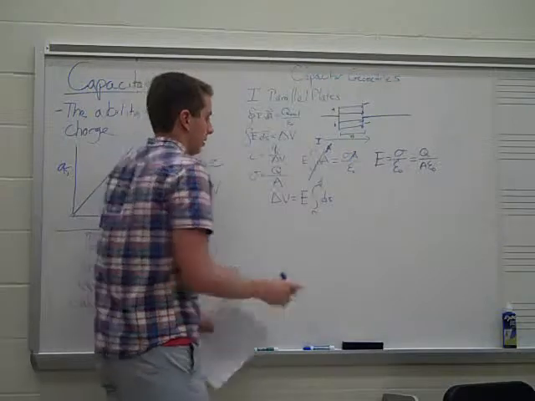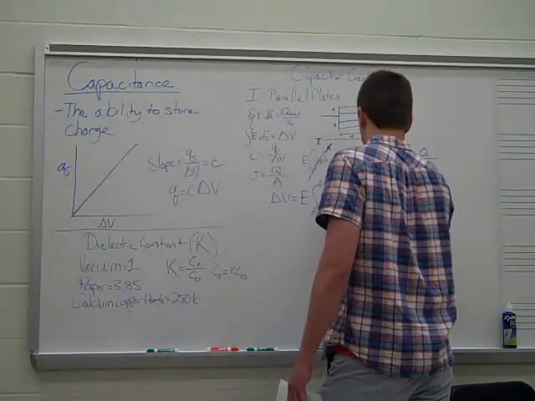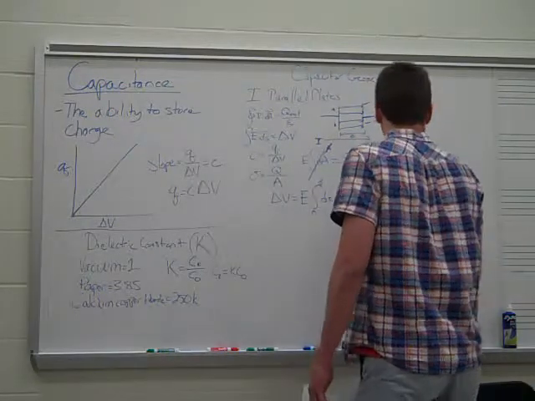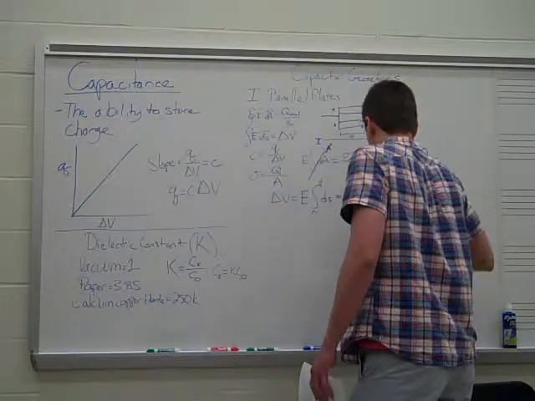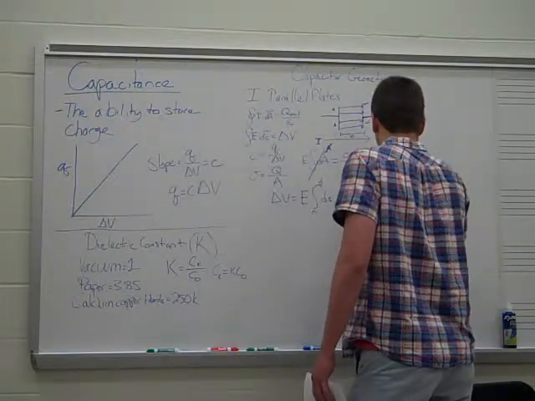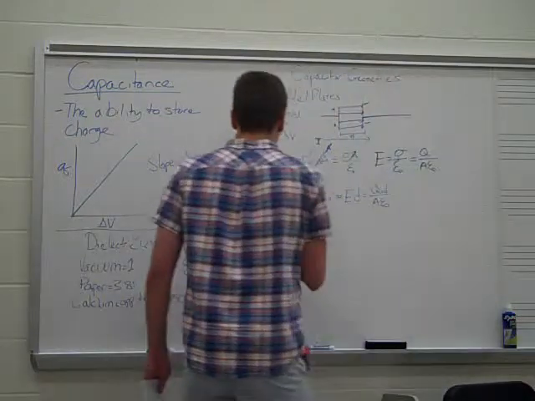So that's just going to equal E D, which is then going to equal Q D over A epsilon naught. So now we have delta V.